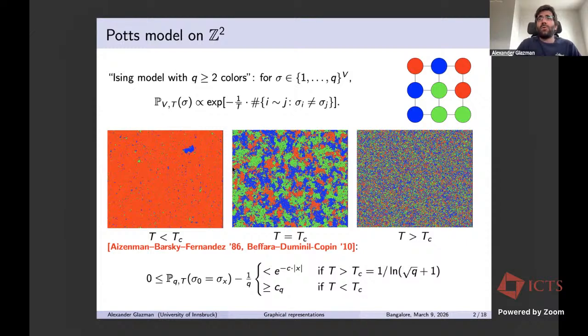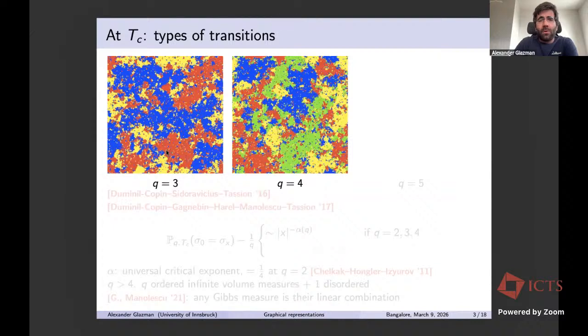Now we look specifically at the critical temperature. Here the behavior depends on q. If you look at q equals 3 and q equals 4, these are the pictures from before. Here you have these big clusters of different colors, again at T_c.